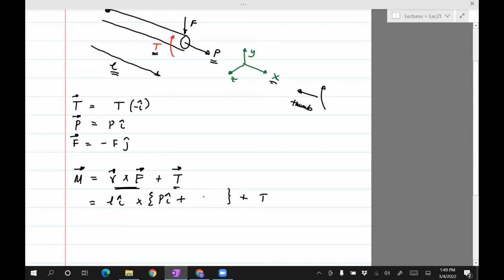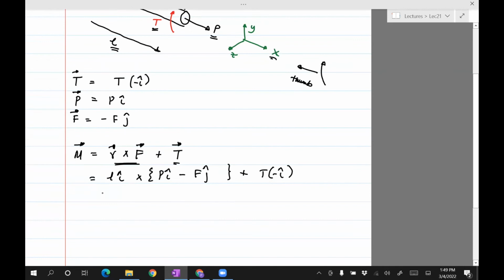F is F j, plus T minus i. So L i cross, but the first component, when you do i cross i, that's going to be 0. Then you have i cross j. The i cross j is k, so minus FL k plus T times minus i. So these are the moments.